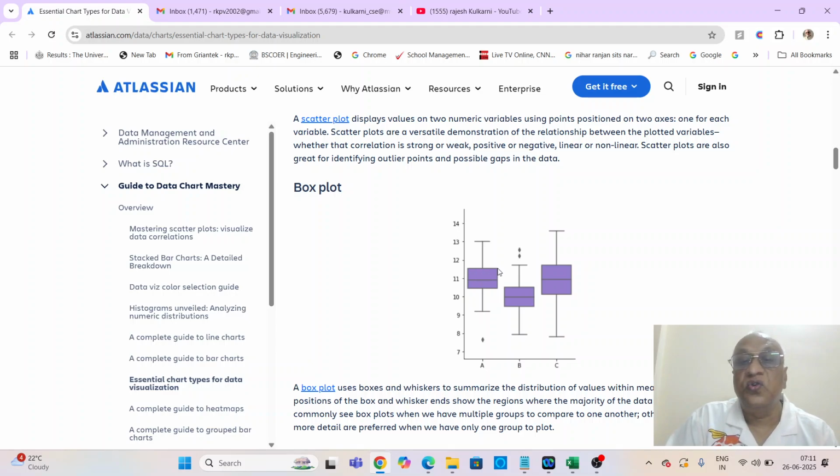So this kind of box plot depicts 5 things: minimum value, maximum value, first quartile, third quartile, and a median. And you can see outliers here also. Basically, box plots are used to summarize the distribution of values within measured groups.